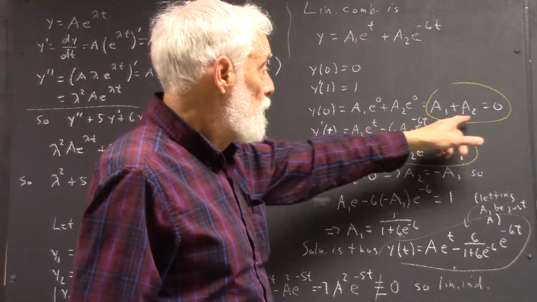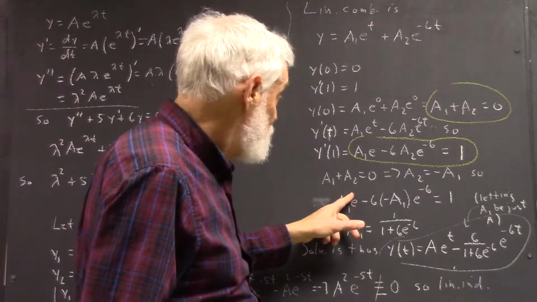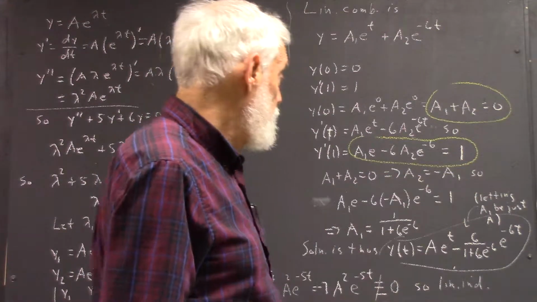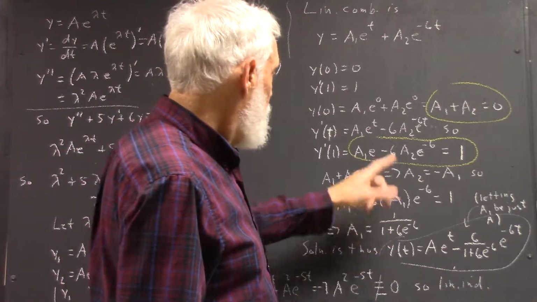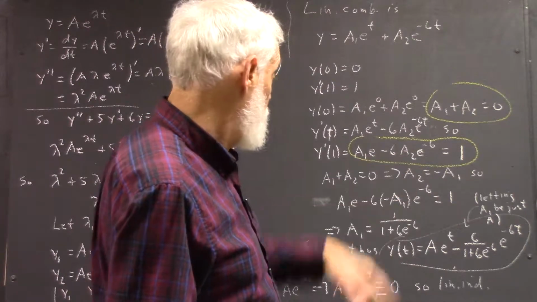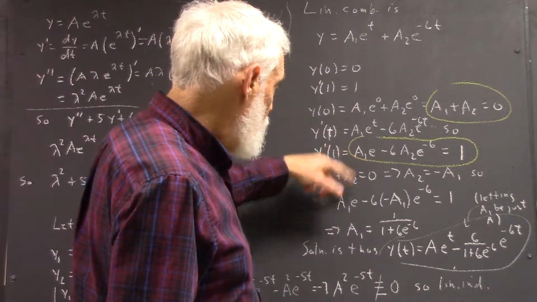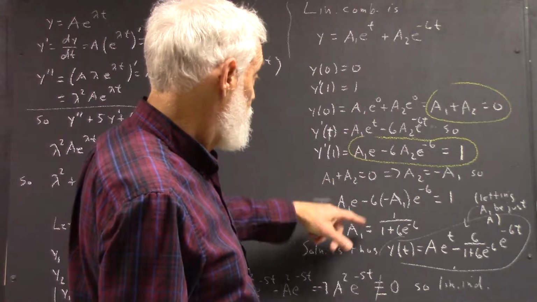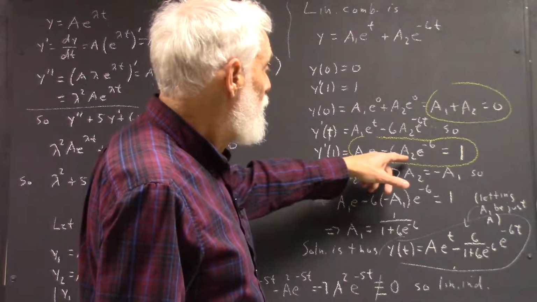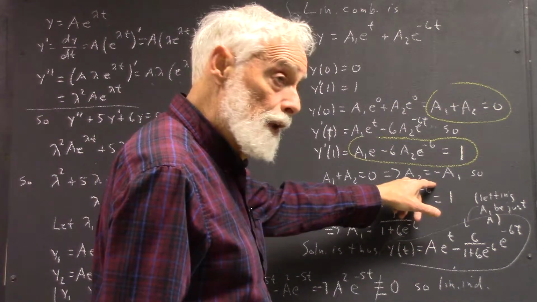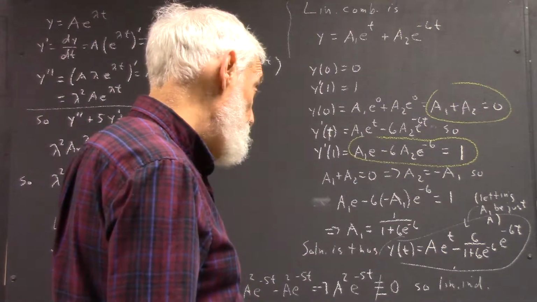Since a1 plus a2 equals 0, a2 has to equal negative a1. Then we can substitute negative a1 for a2, and we get a1 e, minus 6 a2, which is negative 6 times negative a1 times e to the negative 6, and that should equal 1.